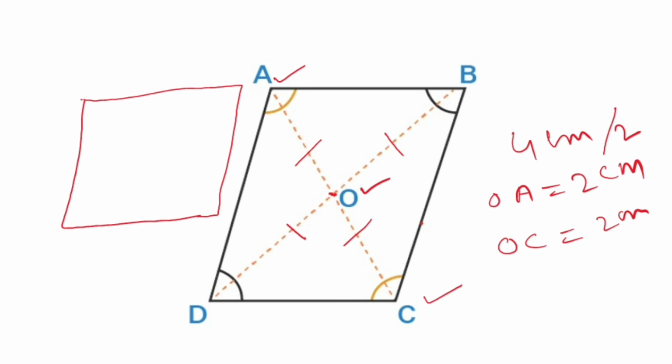When you draw the diagonal, this is triangle 1 and this is triangle 2. This triangle 1 is congruent to this triangle 2. By the congruence rule, these triangles are equal in shape and size.